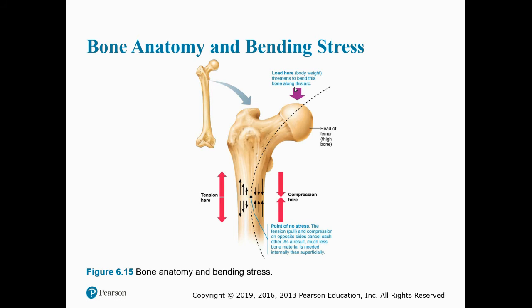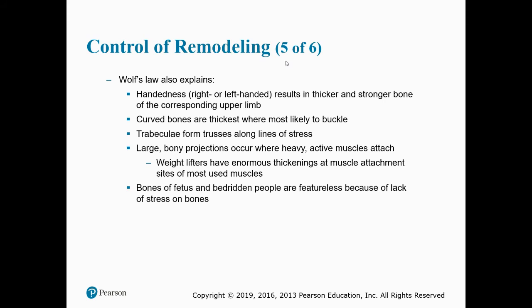So if we have some issues with bone, and we see that bone isn't taking the shape that we want, it's because of the stresses that we are putting on it. Now, this also accounts for other things like handedness, why certain pieces of the bones are stronger or larger than other bones. So Wolff's Law explains a lot about the way bones are.